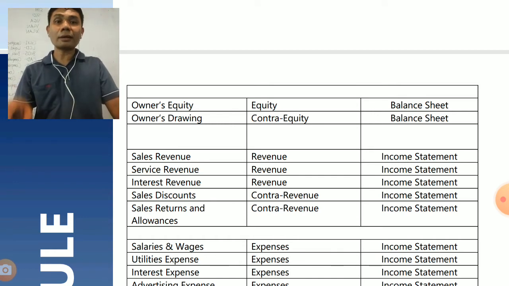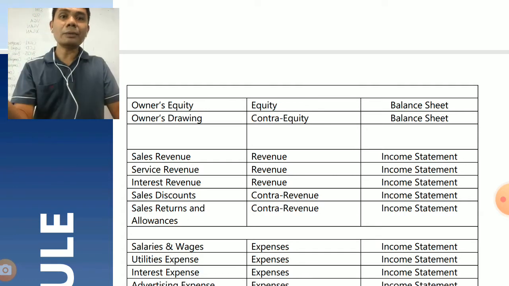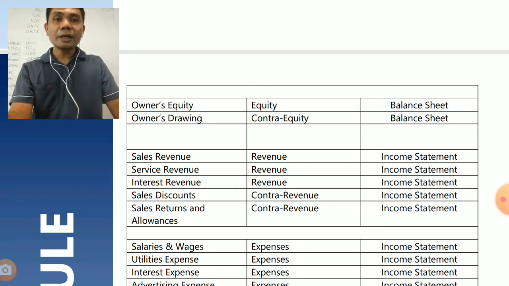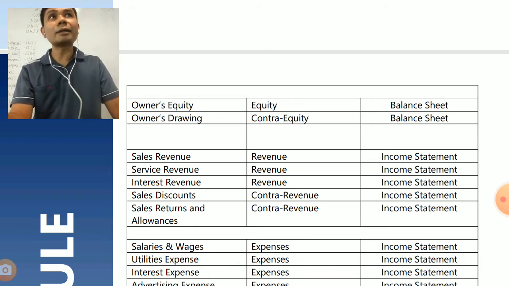Interest, kung ang revenue is from the interest, especially kung lending ka, ang business is lending, usually ang imong revenue ana is from interest. Then naa tay mga contra revenue accounts, sales discounts. Mao na siya ang i-subtract sa sales revenue. Kana bitaw maghatag ka og discount sa customers.